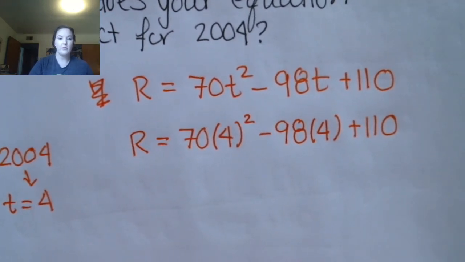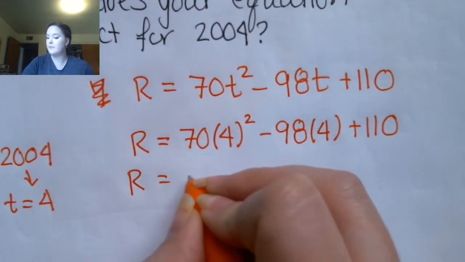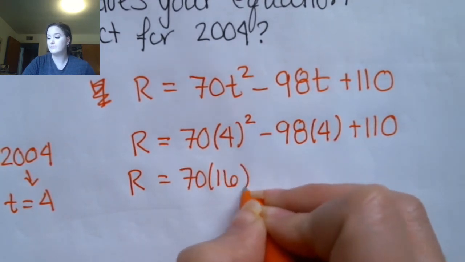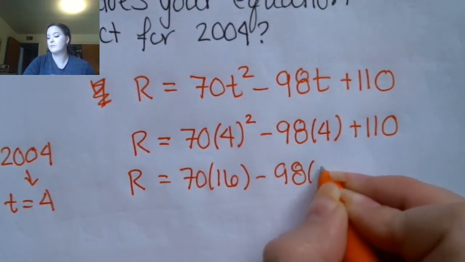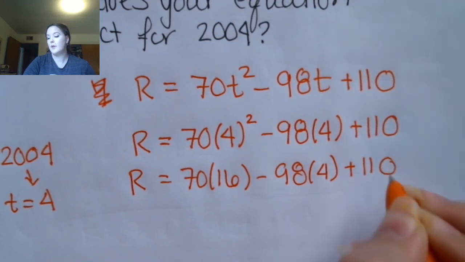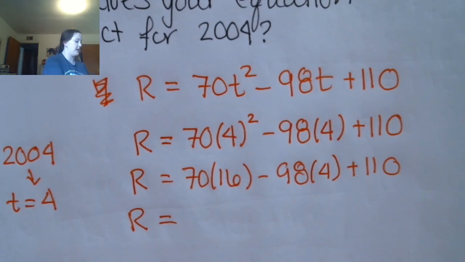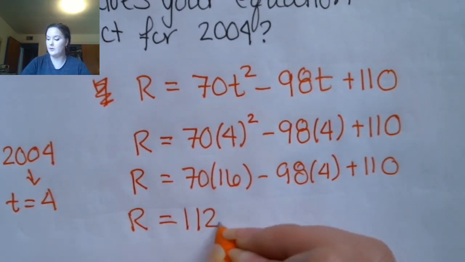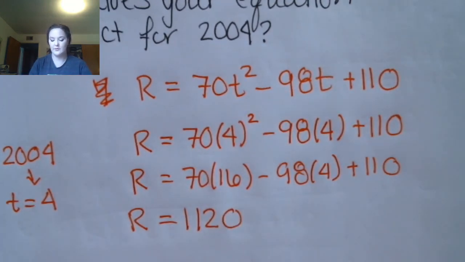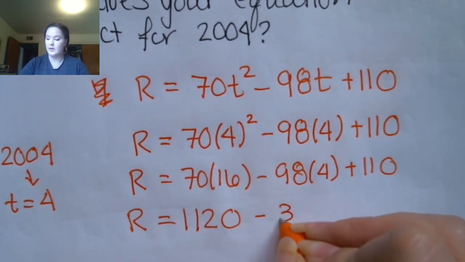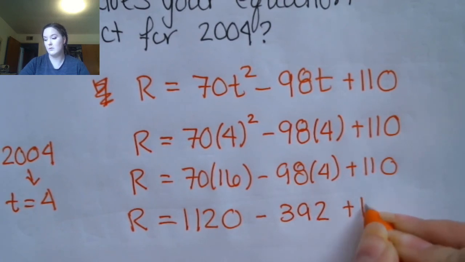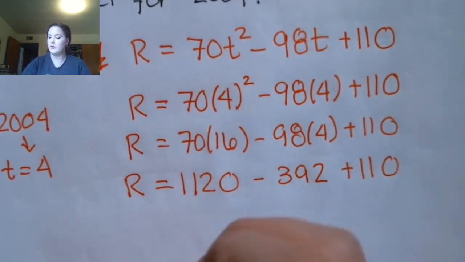Okay, so 4 squared is 16. Okay, now I'm going to do my multiplication step. So 70 times 16 is 1,120. 98 times 4 is 392. Okay, add them all together.